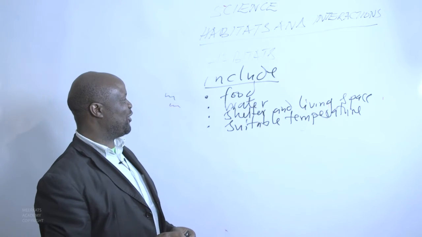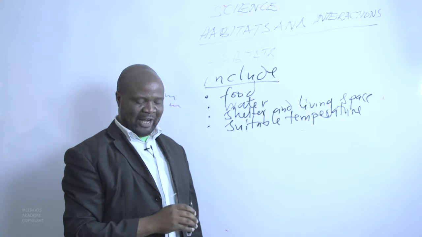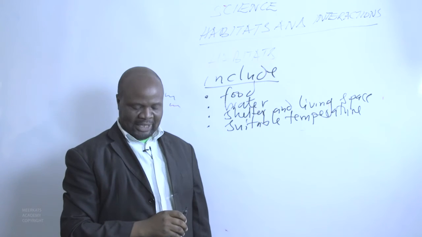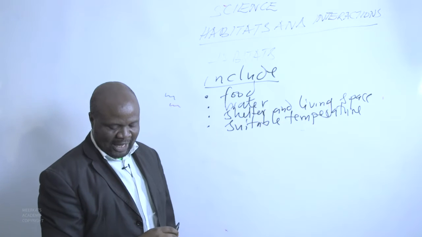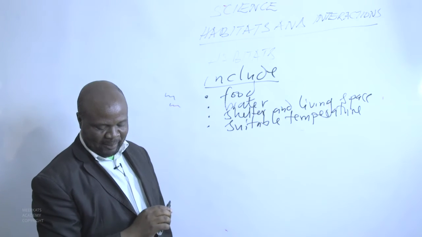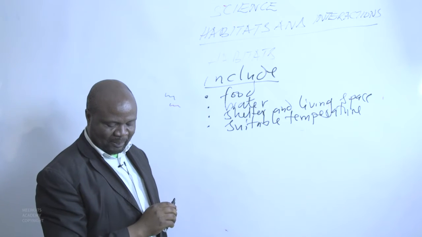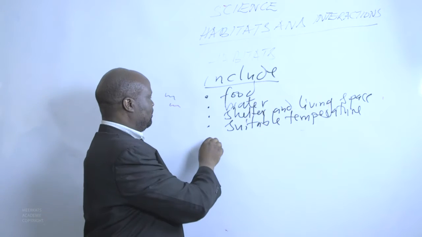Of course, an organism will not stay in a very hot area if it is not well adapted in such a hot area. Another requirement for an organism to exist well in a habitat: these organisms require mating partners for reproduction.